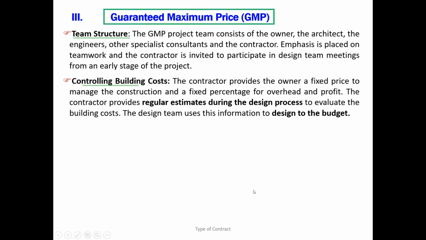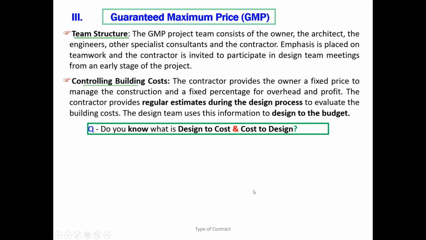Therefore, I have to ask you a question. Cost control: design to cost or cost to design, where the budget is fixed?